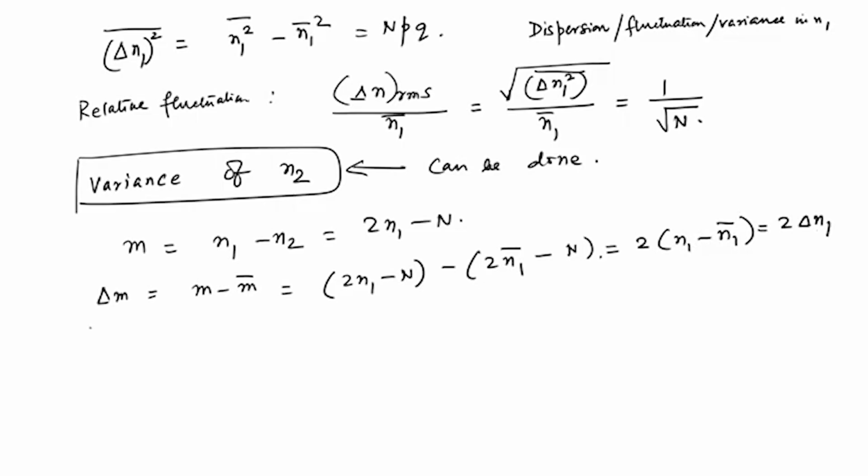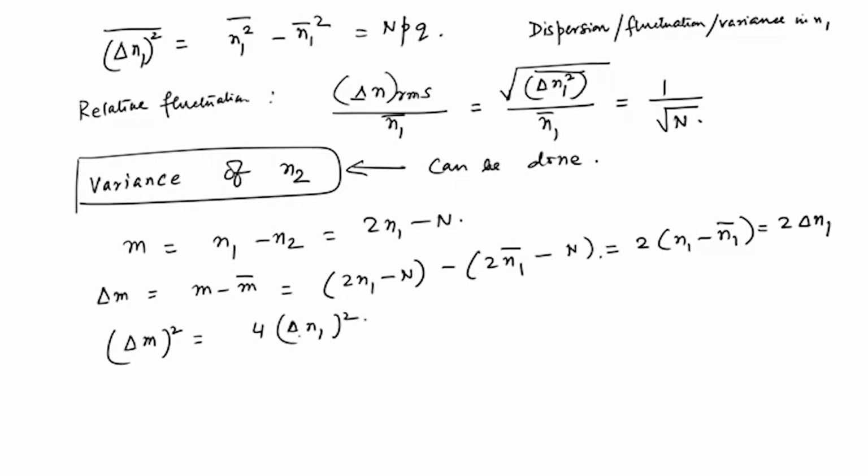So, delta m is nothing but delta n1, and that is why we have delta m square equal to 4 times delta n1 square, and so on.